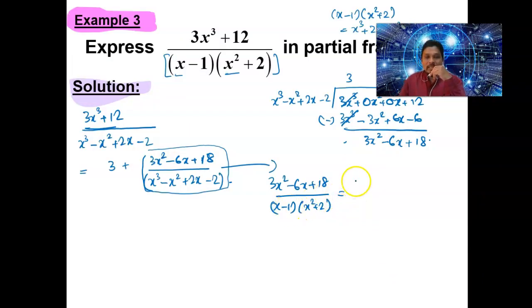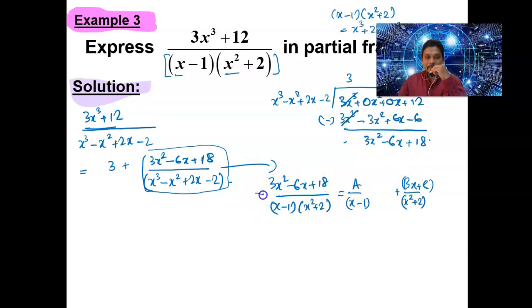Okay, so first is A divided by x minus 1 plus, okay, over x squared plus 2. The degree of x of the denominator is 2, so above here we're going to come up with Bx plus C, which has a degree of x that is 1 less than that of the denominator. Okay, now we are going to equalize the denominators of these two fractions.